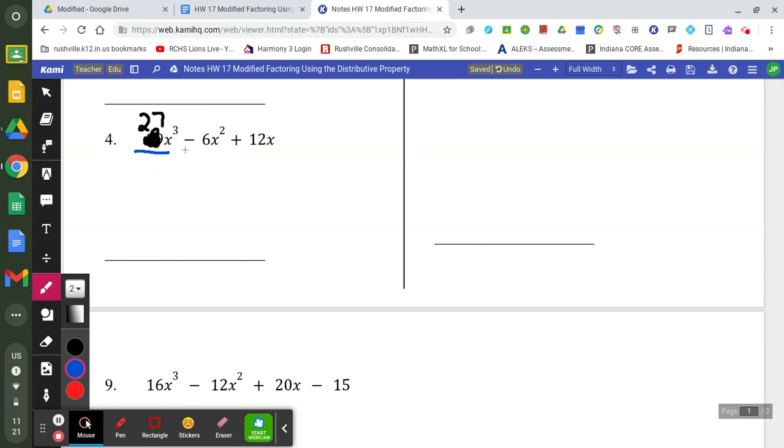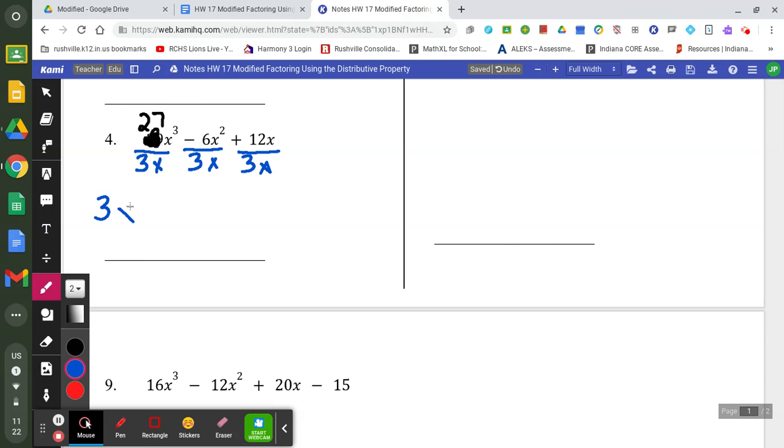So whatever I choose has to be able to divide evenly into each of these numbers. Well, 3 will go into each of those. And I have an x to the third, an x squared, and an x. So just an x can come out of each of them. Because I can't divide two x's out of this, there aren't two x's.